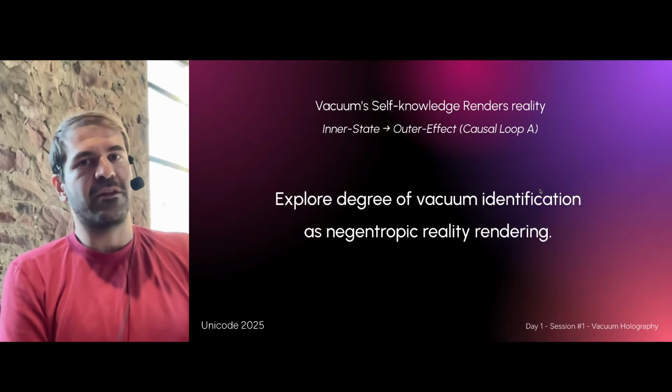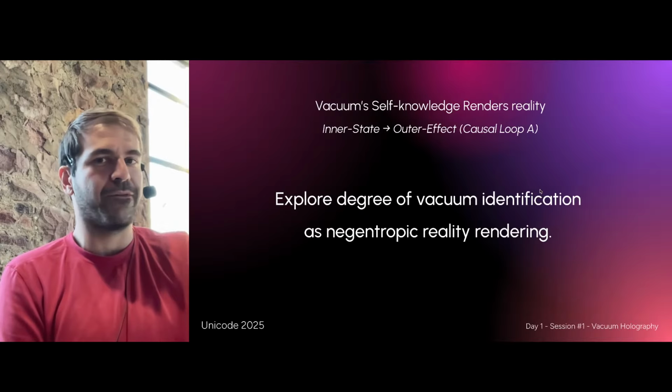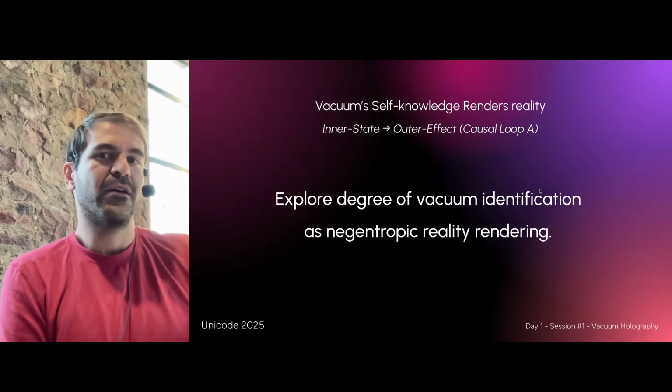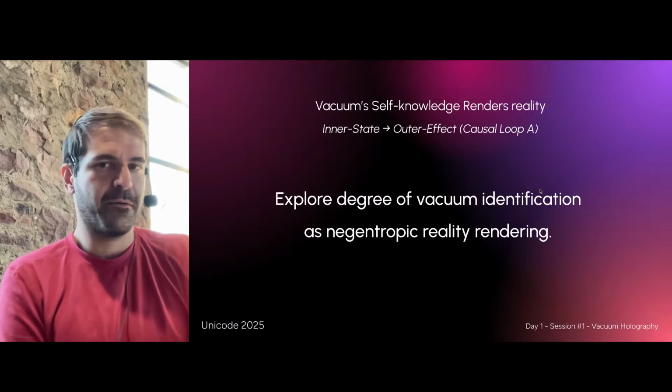So this is the vacuum's self-knowledge rendering reality, which is its inner state to its outer effect, which is causal loop A. So we're trying to explore the degree of vacuum identification as negentropic reality rendering.